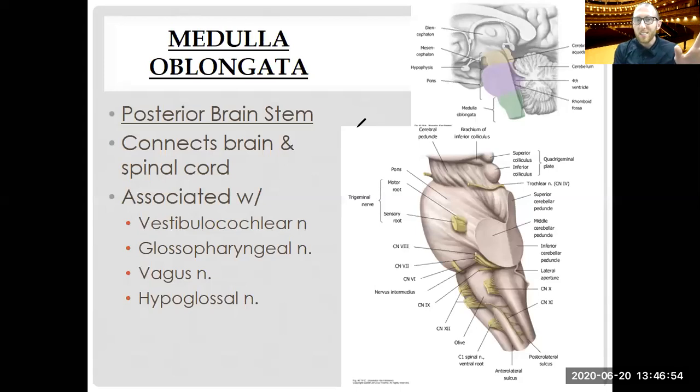Think for a second. If this is 8, 9, 10, 12, what's cranial nerve number 11? 10 seconds. Think about it. It is shown down here. And 10 seconds is up. It's the accessory, or the spinal accessory. So spine, spinal cord.